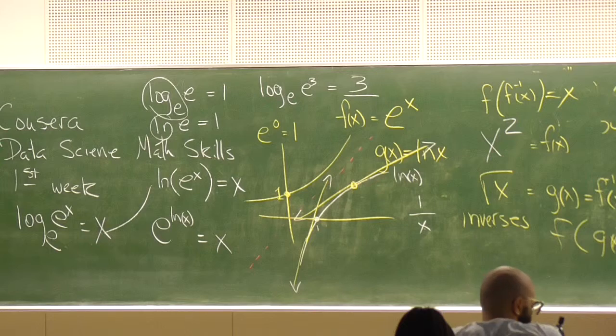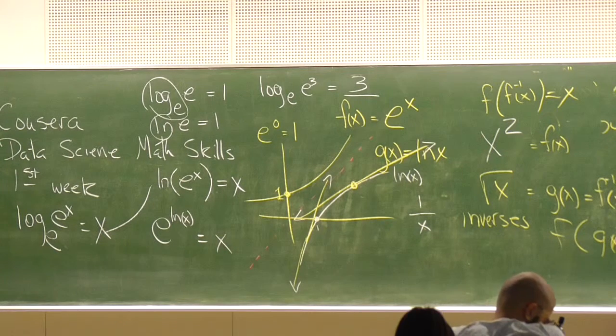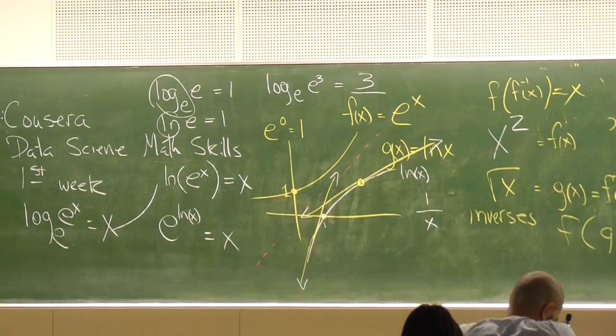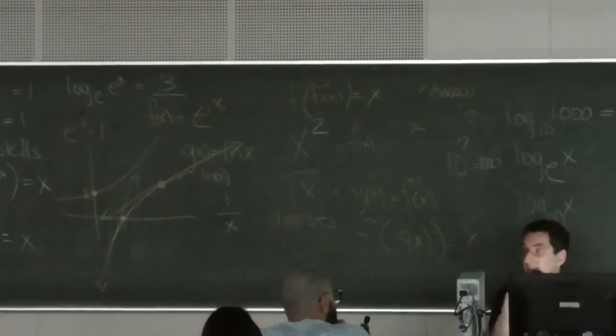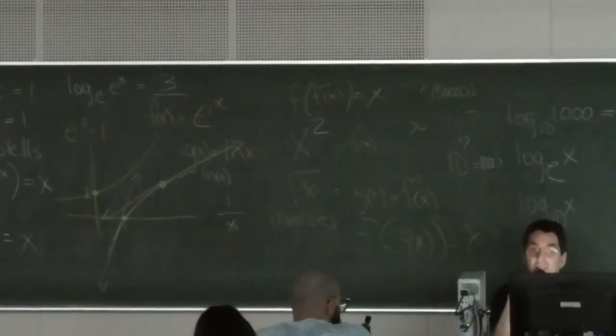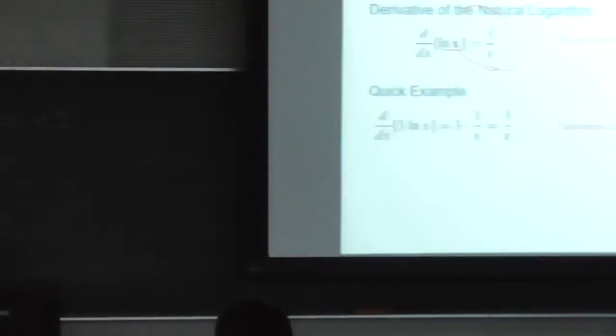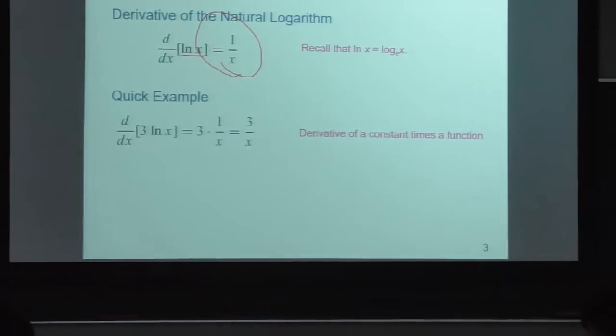Okay, now we know the derivative. So what is the derivative of the ln function? What is it? 1 over x. Okay, so there are a few that you should basically just remember.